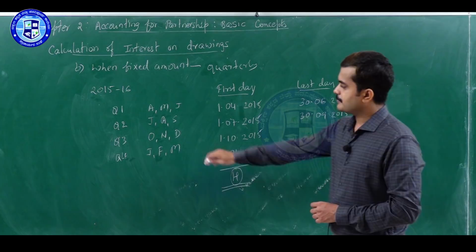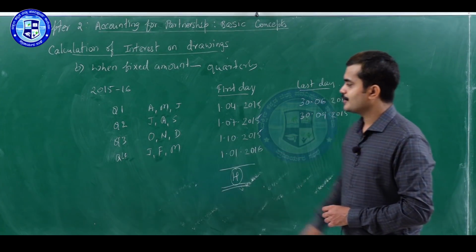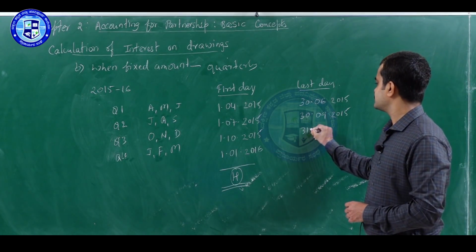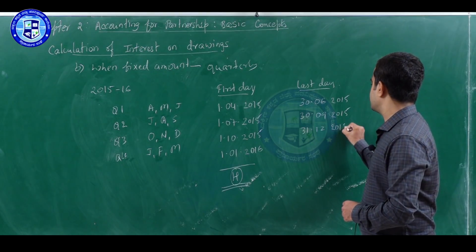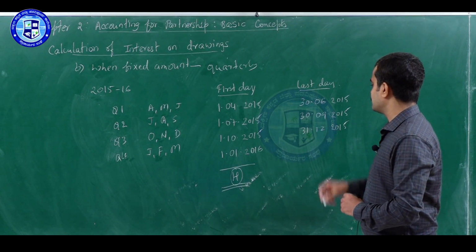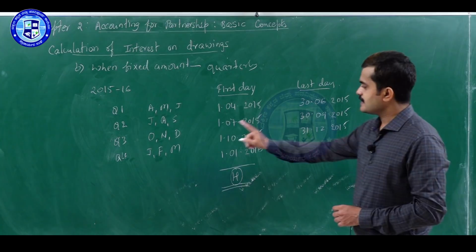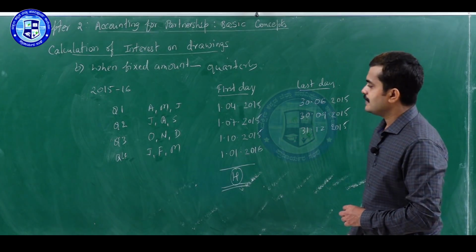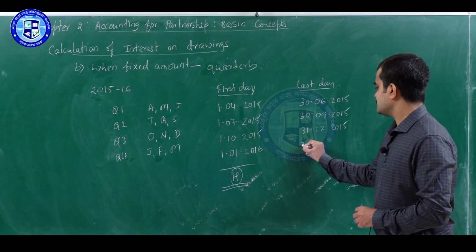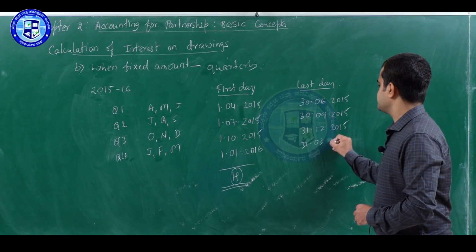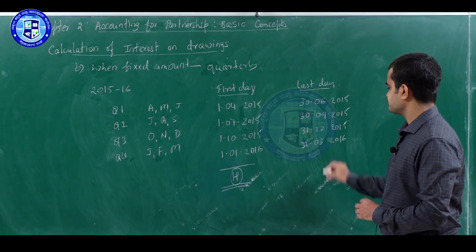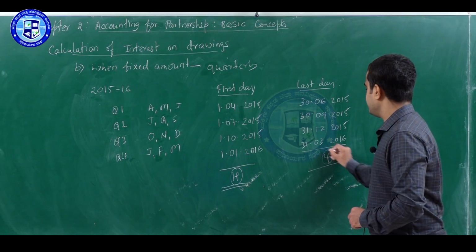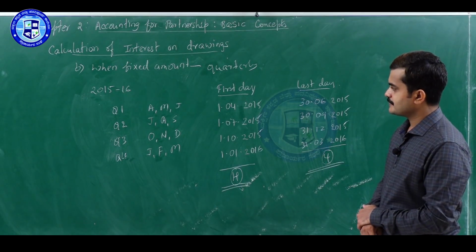Third drawings will take place on the last day of Q3, that is 31st December 2015, and the last drawing will take place on the last day of Q4, that is 31st March 2016. Here also there will be 4 withdrawals.